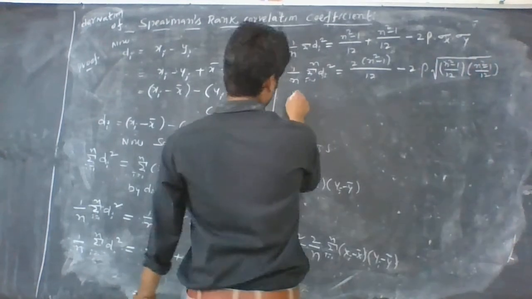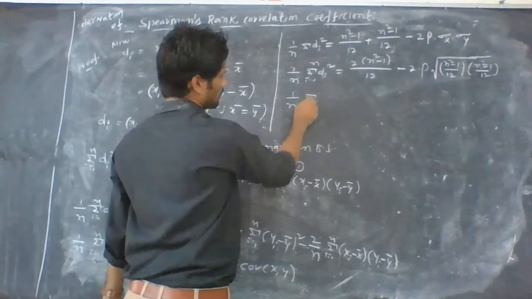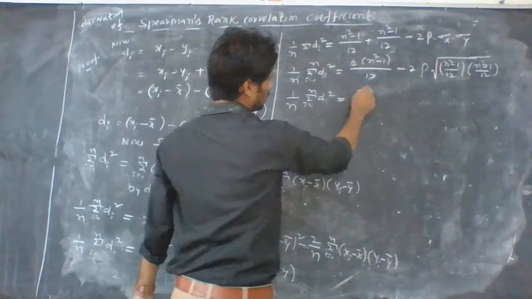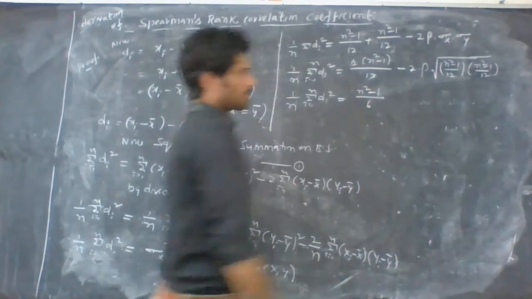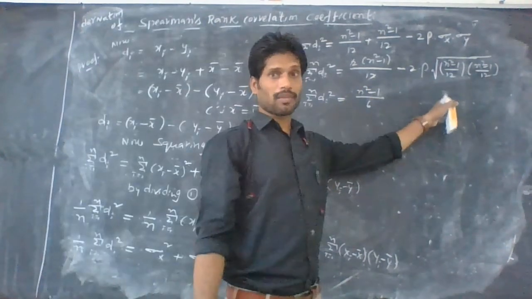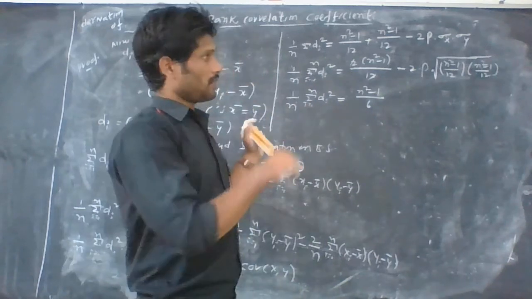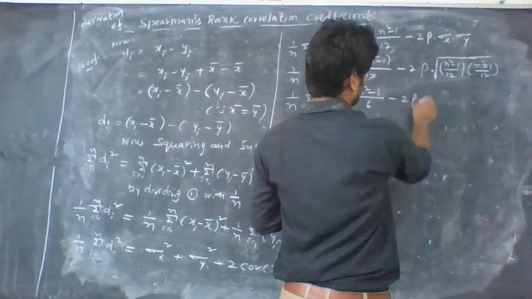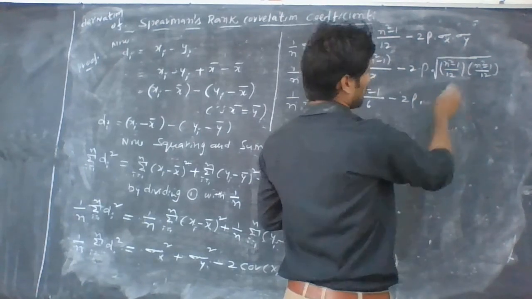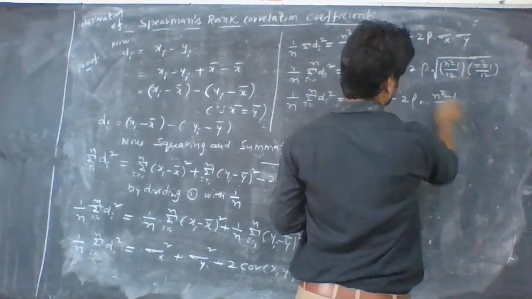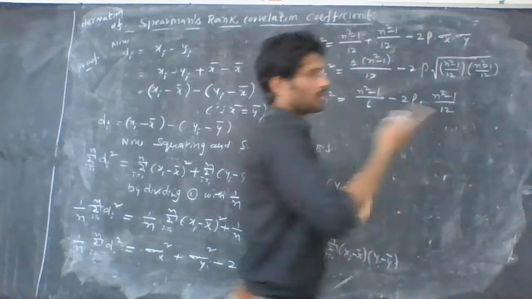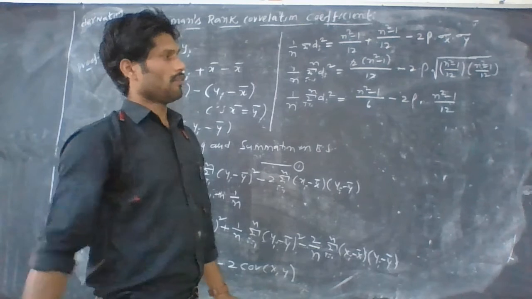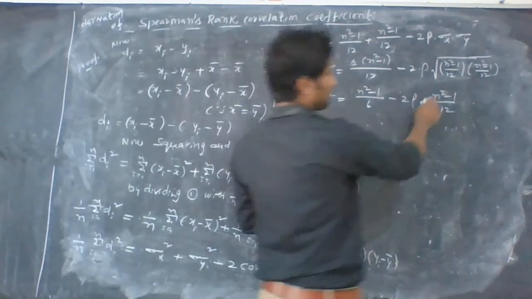So 1 by n summation i equals 1 to n di square is equal to n square minus 1 by 6, minus 2 into rho into (n square minus 1 by 12) whole square, the square root and square cancel, and finally n square minus 1 by 12.